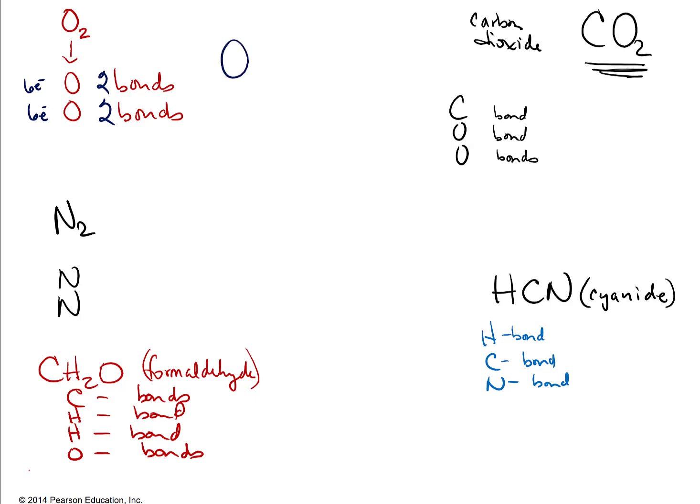So if we start with 1 oxygen, 1, 2, 3, 4, 5, 6, and we form a bond with another oxygen, 1, 2, 3, 4, 5, 6. I put everything down, right? I put my 2 oxygens down, and you notice the blue oxygen has 7 total. The red oxygen has 7 total. But I don't have any more electrons. You can't just randomly add those in. This is when you have to form a double bond.